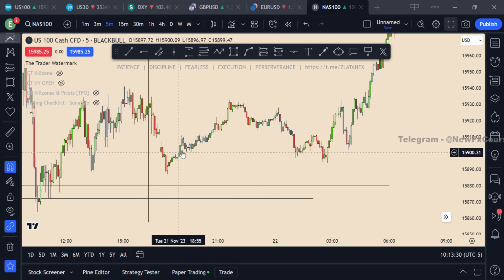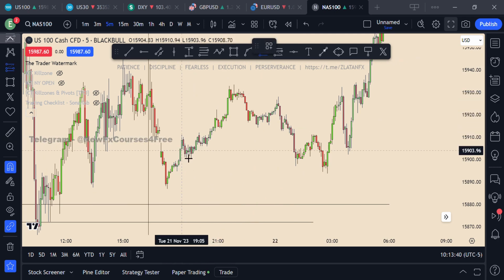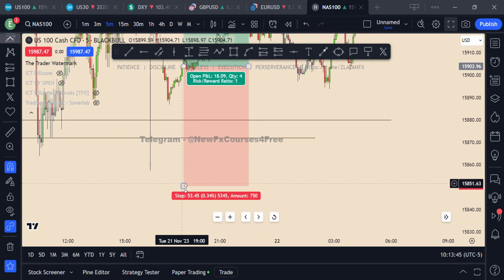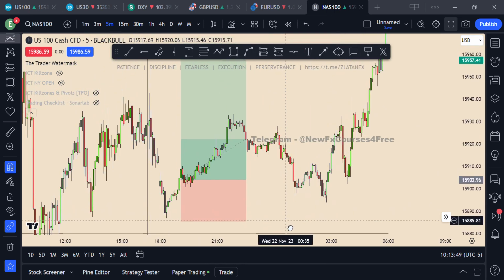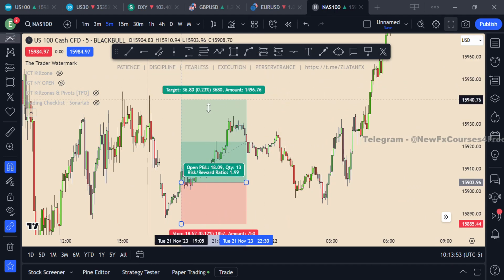And the market provided a fair value gap. You could as well have entered right there, targeting a 2R.